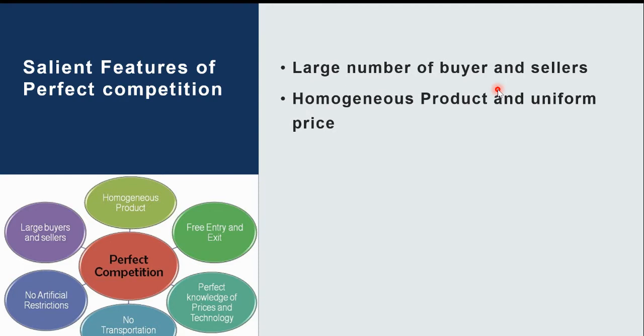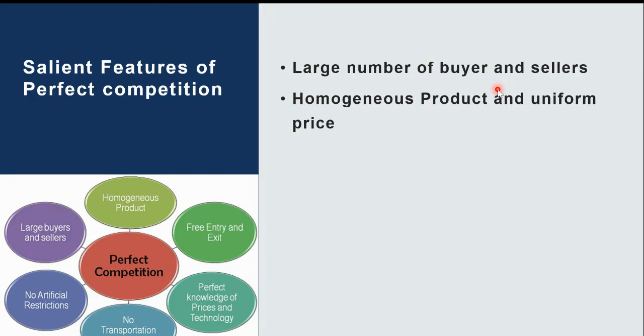Next one is homogeneous product and uniform price. What do you mean by homogeneous? The product sold and bought in the market is homogeneous in nature, in the sense that the units of product are perfectly substitutable. That is, all the products will be similar in shape, similar in size, similar in color, similar in quality, similar in everything.